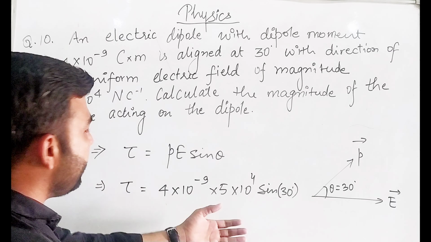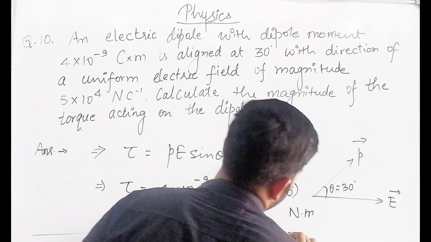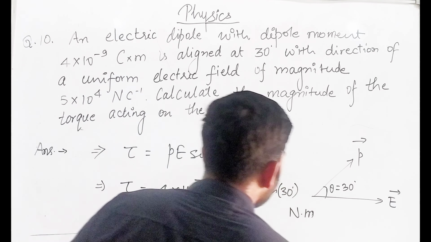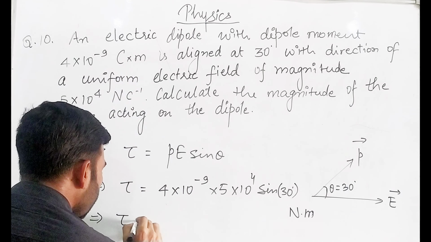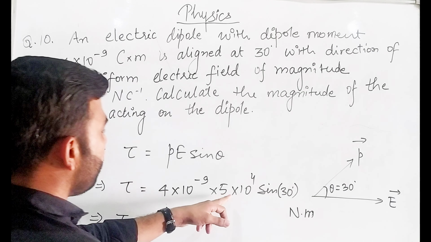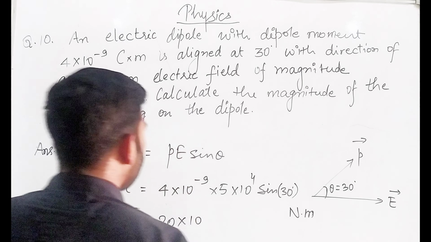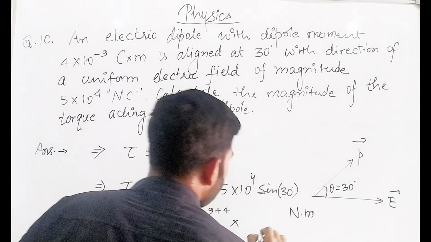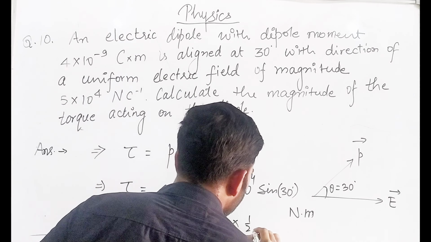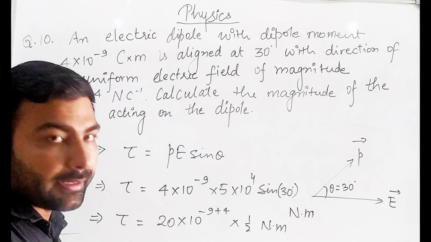Now don't forget to write the unit of tau, which is Newton into meter. Now if you calculate this, it will be tau equals to 4 into 5, which is 20, into 10 raised to the power minus 9 plus 4, and sin 30 degree is half, and the unit Newton into meter.